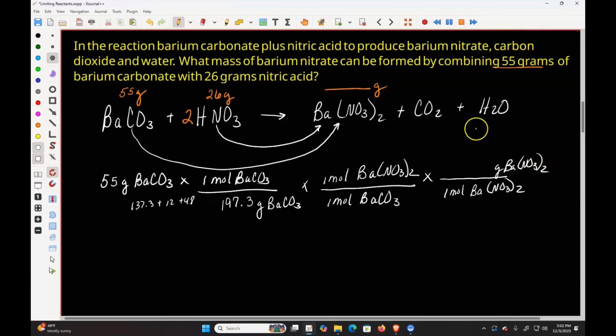Okay, so this is 137.3 plus 2 times 14 plus 6 times 16. That should give me 261.3 grams. Okay, let's solve this. This should give me 72.8 grams.